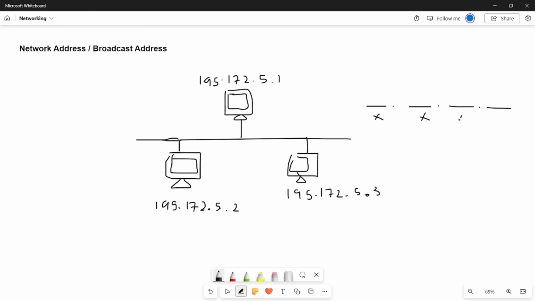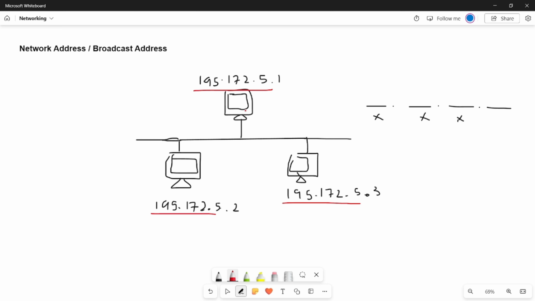So we cannot use these three blocks for our host IDs. Only the last one can be used for host IDs. That's why I only change the last ID of the IP address. These three blocks are the same for these three terminals. That's why I can say these three computers are in the same network.